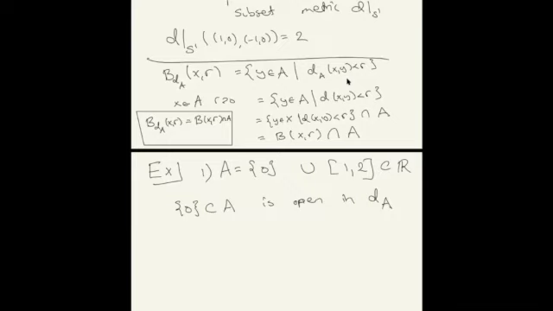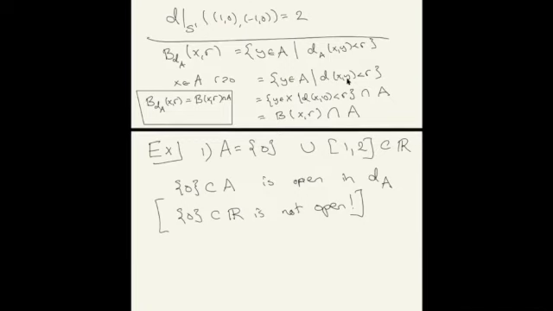Now, {0} as a singleton, as a subset of R, is not open. So depending on what you are a subset of and what is the context, openness is different.